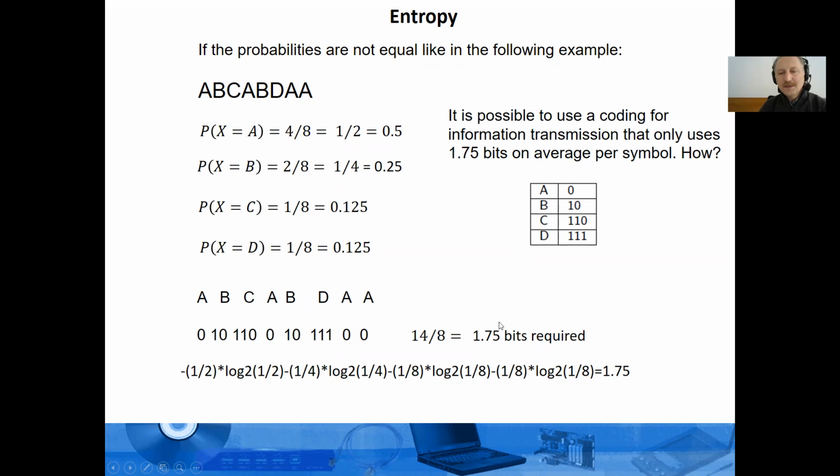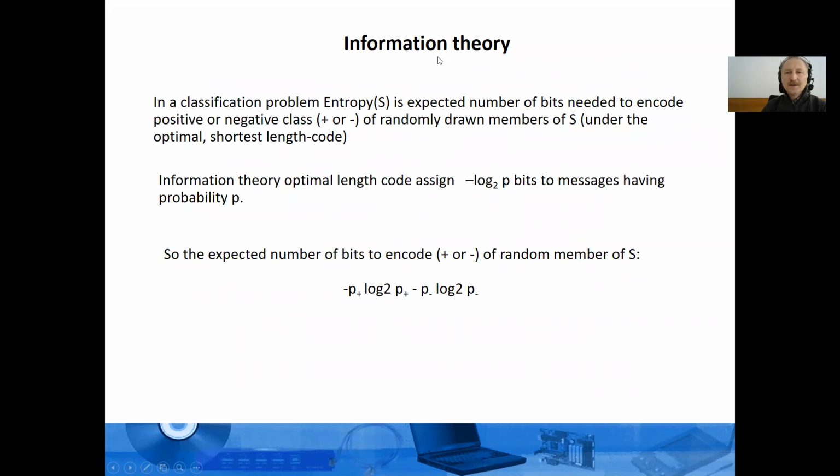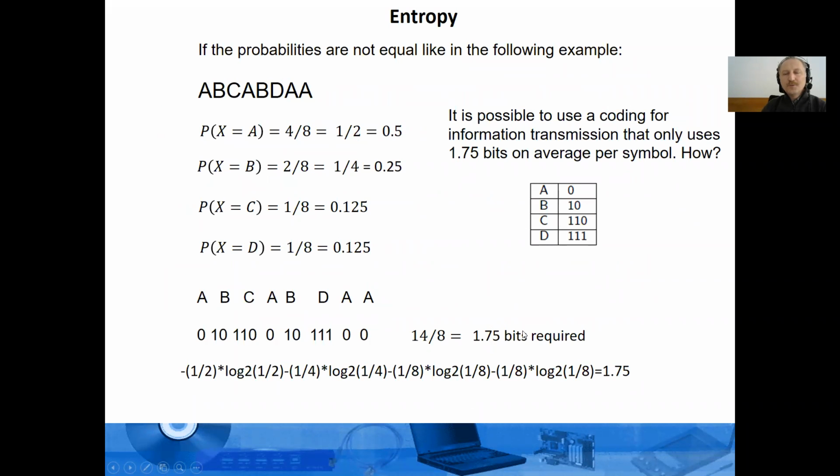How did you find this one? By using entropy. In information theory, we use entropy to find the minimum number of bits to send our information from one place to another place.